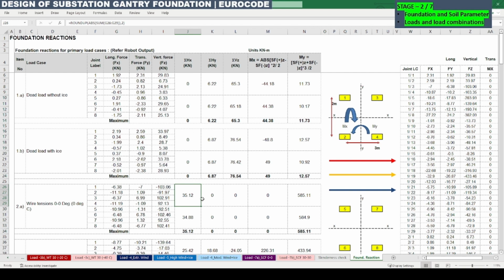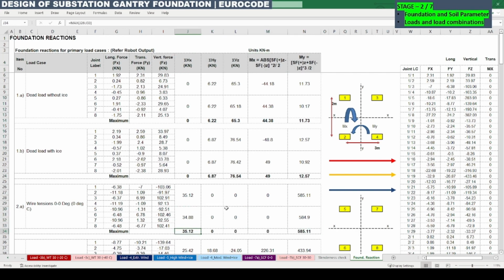Similarly for the bending moment, if the x force is acting in this direction, then the y-axis will tend to bend. So that's why we are getting My alone. It means that the formula we applied for calculating the bending moment and the horizontal forces, that summation of the resultant forces, is correct.